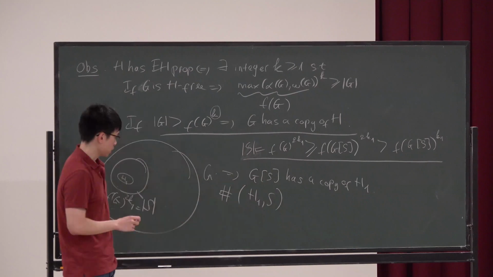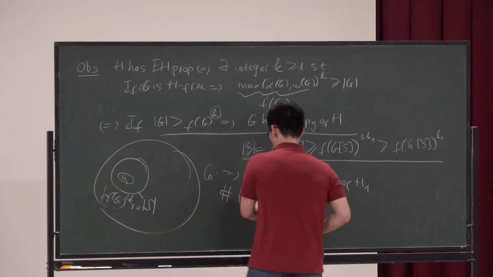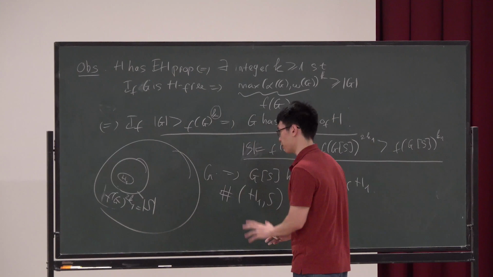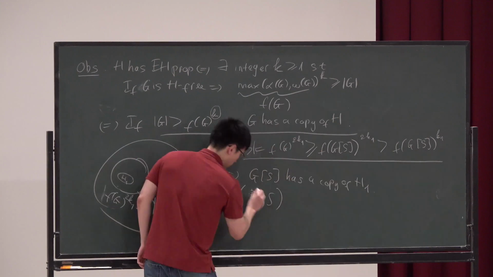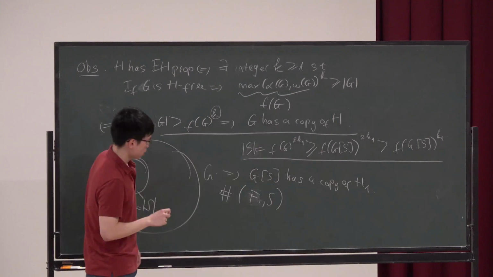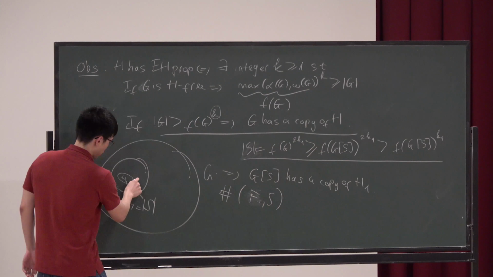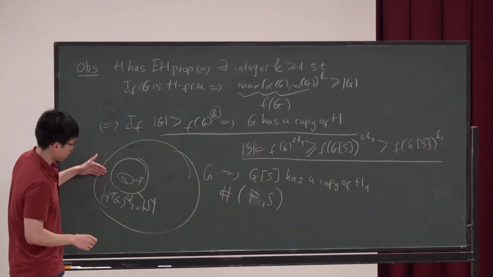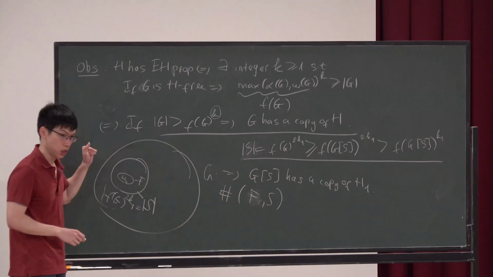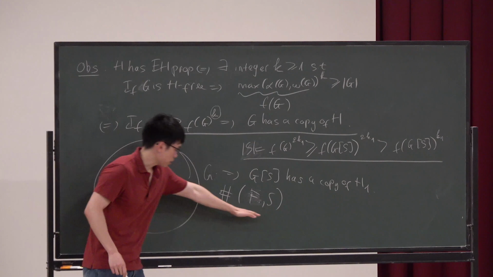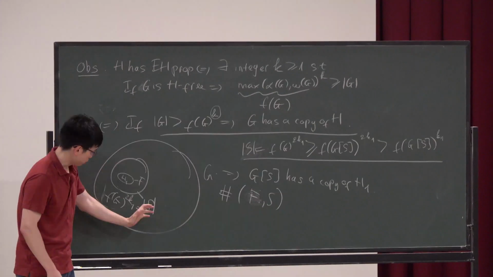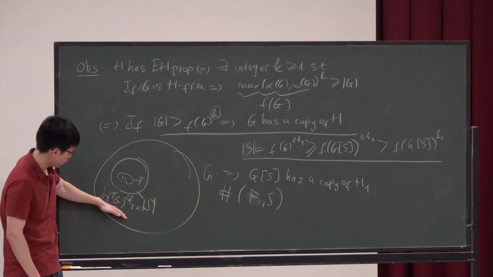So using H1 might not be a good quotation, but then let me say Fs, where F is a copy of a graph in G isomorphic to H1, and S is a vertex subset of G of this size and containing F. Right.